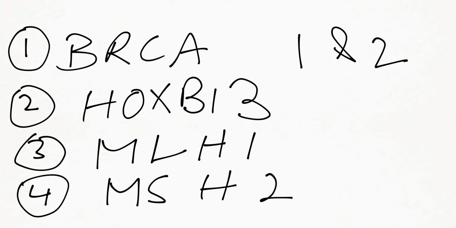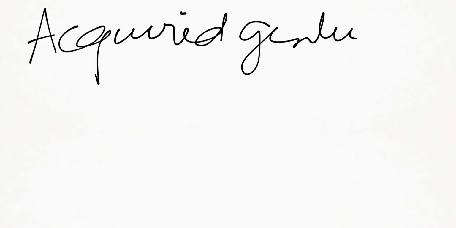Okay, there is another thing, and that thing is acquired. There is another genetic lesion, and that genetic lesion is an acquired lesion. Okay, an acquired genetic lesion, and here I want you to focus because this will take half of the marks of this question.